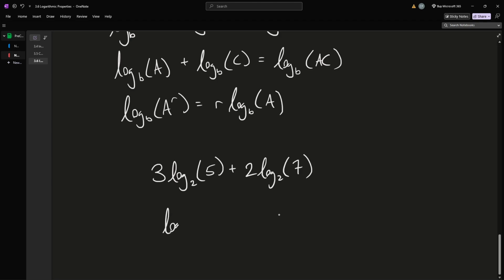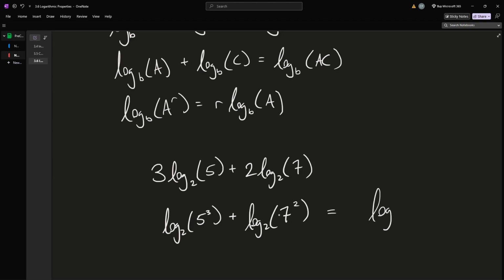So it's log base 2 of 5 cubed plus log base 2 of 7 squared. Now I can apply this rule and get a, which is 5 cubed, and c, which is 7 squared, and combine it to get this one nice log: log base 2 of 5 cubed times 7 squared.